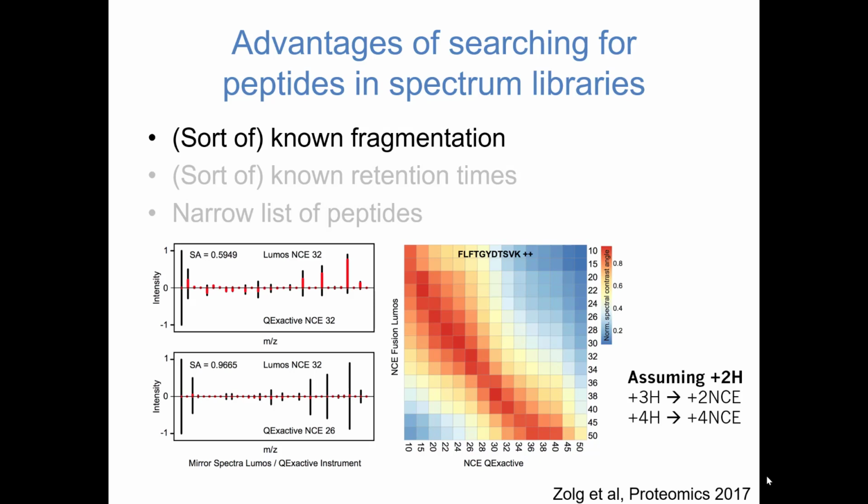There are different camps that are trying to build DDA spectrum libraries that are all acquired with the same collision energy without any collision energy ramping for specific charge states. The Ebersol lab was trying to pioneer this. I actually don't know what happened to that library, if that exists in the wild or not.